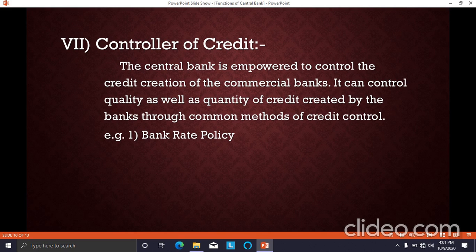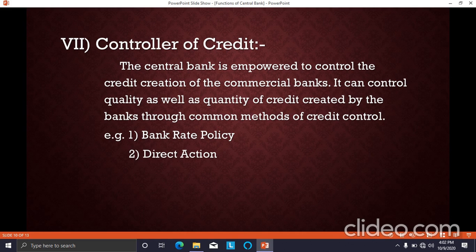It has to be decided by the Reserve Bank of India, and the Ministry of Finance gives permission for such things. So such measures are taken by the central bank to control the credit created by the commercial banks. This is how it controls the quality and quantity of credit which is created by banks.